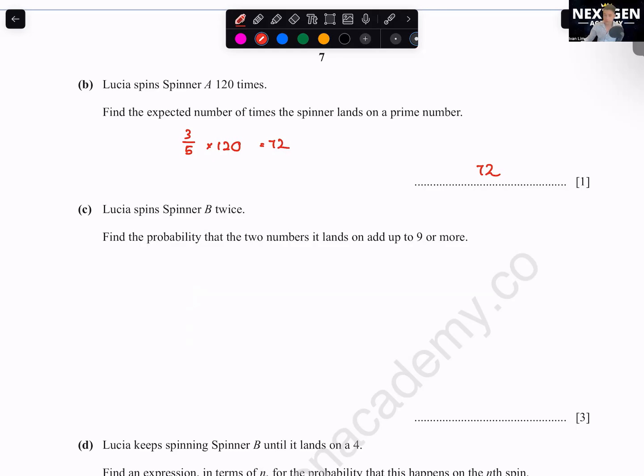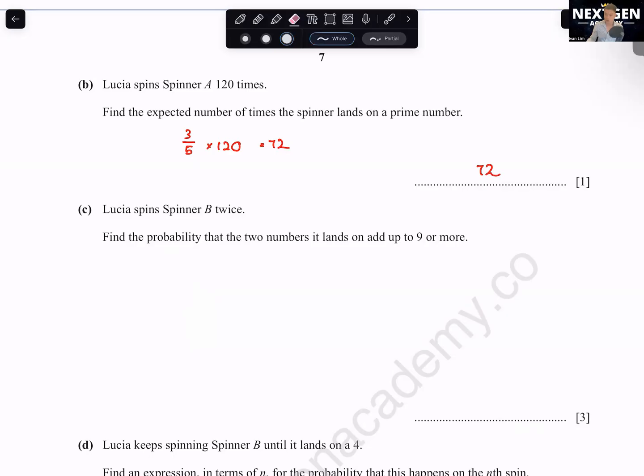Or the other way, I see Junshen also writing another method, which is 4 over 9 times 2 over 9. Sorry, 4 over 9 times 2 over 8. Why do you use 2 over 8? You've got to spin it twice. This one is not without replacement.